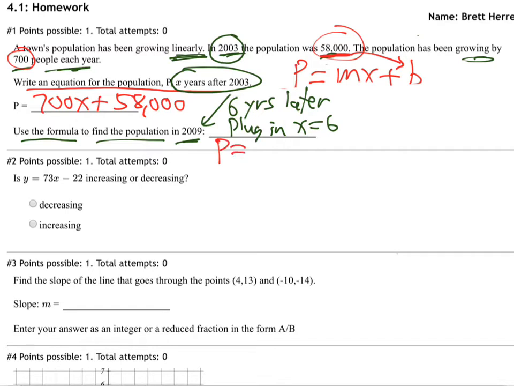The population then will be 700 times 6 plus 58,000. So use your calculator. 62,200? There we go. That would be the population 6 years later.